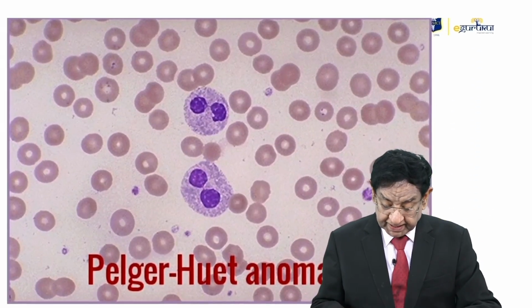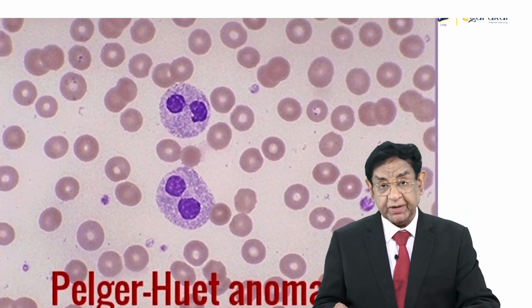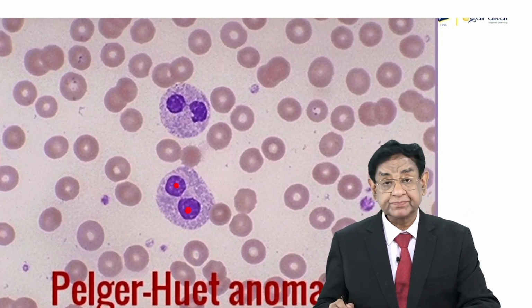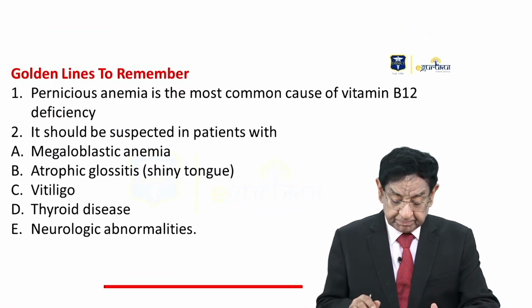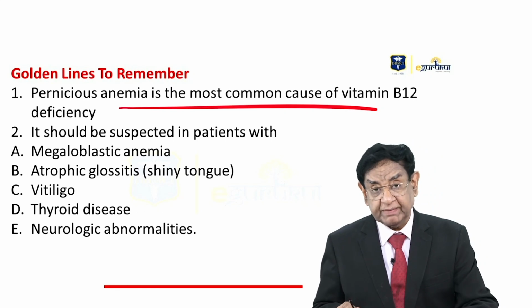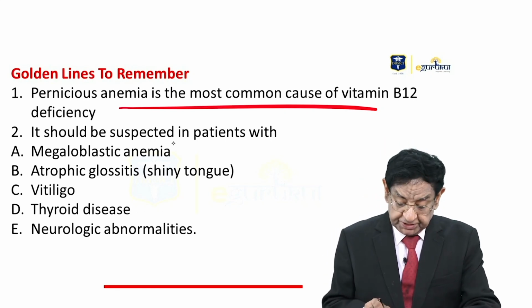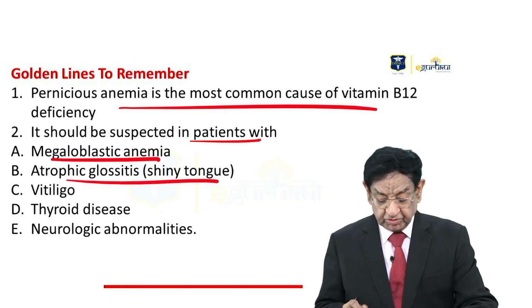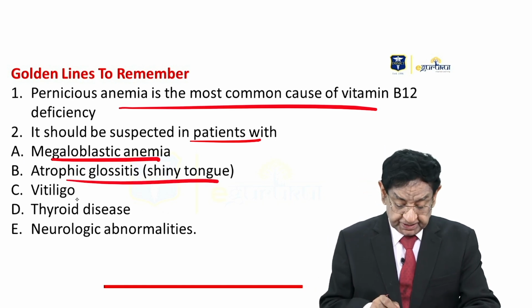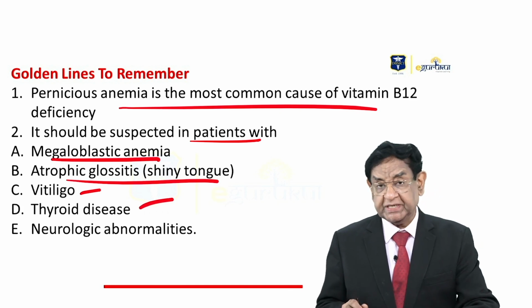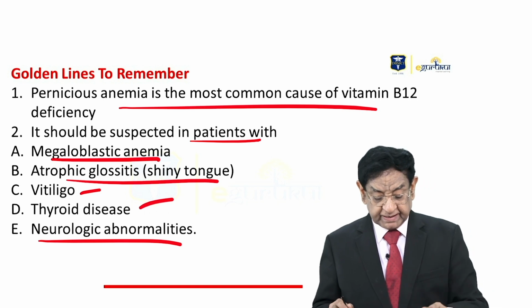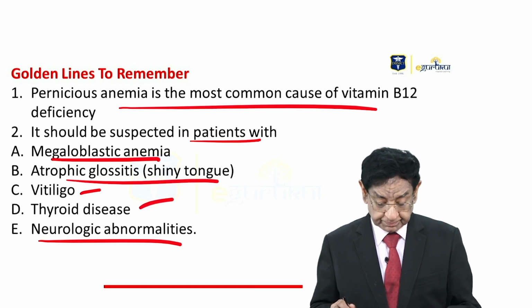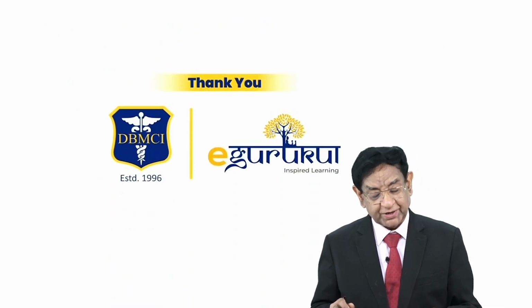This is the typical Pelger-Huet anomaly, a bilobed nucleus. Golden line to remember: pernicious anemia is the most common cause of vitamin B12 deficiency. It should be suspected in patients with megaloblastic anemia, atrophic glossitis, the so-called shiny tongue, associated vitiligo or thyroid disorder, and neurological abnormalities. Thank you very much.